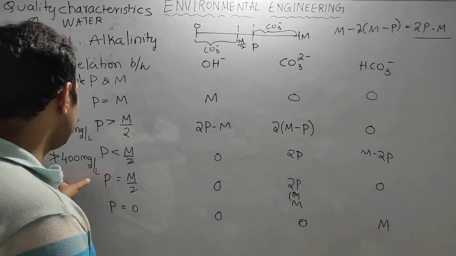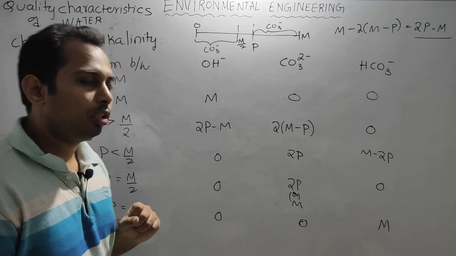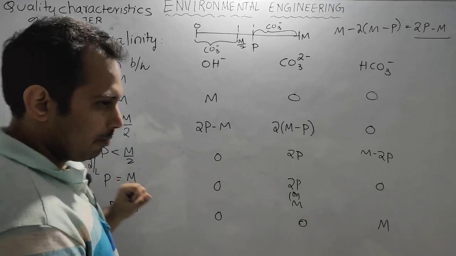When there is no ideal source present, then it is relaxed up to 400 mg per liter.